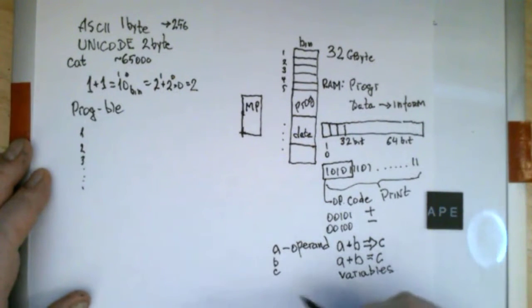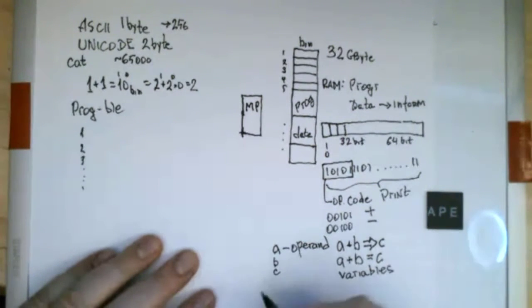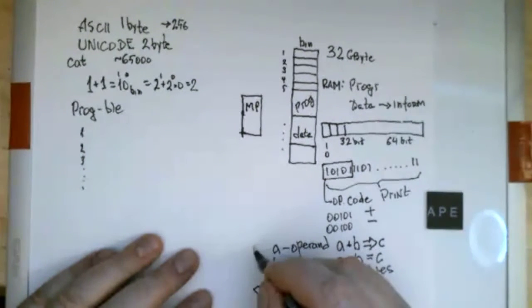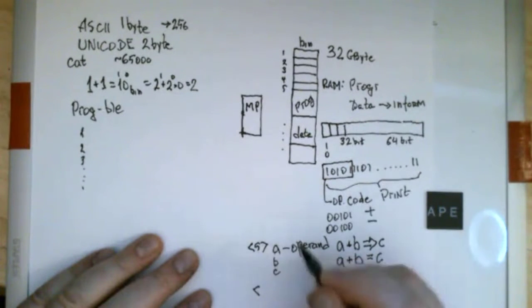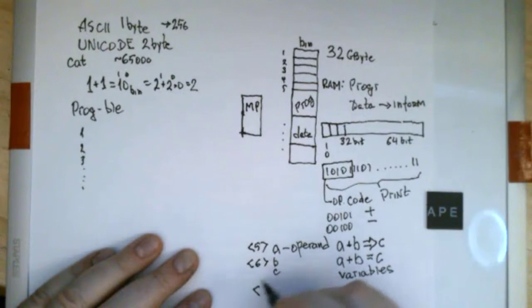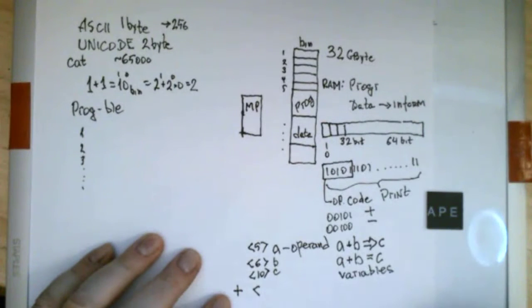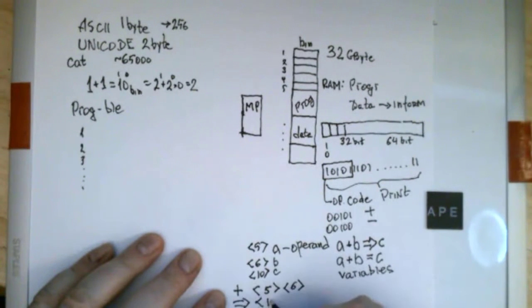But folks, A, B, and C are the content of these memory cells. These memory cells actually will have numbers, so I can put this expression in a different way for the computer. If I say A is cell number 5, B is cell number 6, and C is cell number 10, I can put this program like this. Plus is a code of operation. Operand from cell number 5, operand from cell number 6, and then code send to number 10.